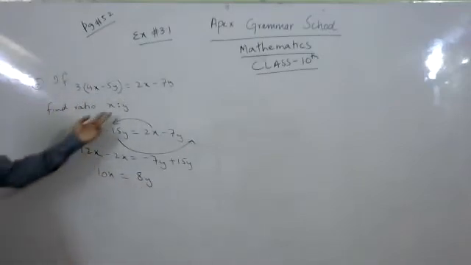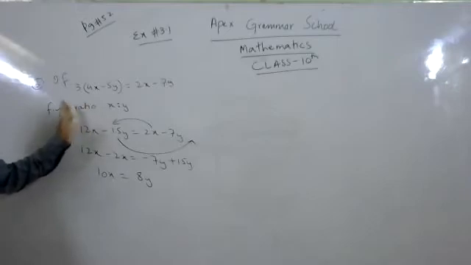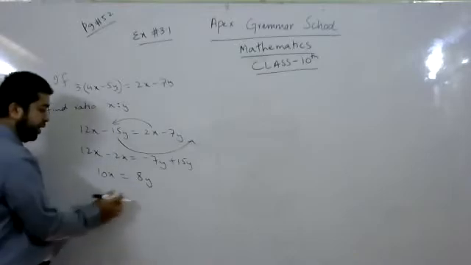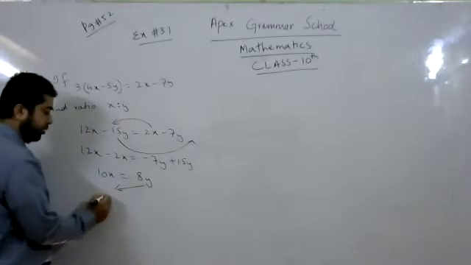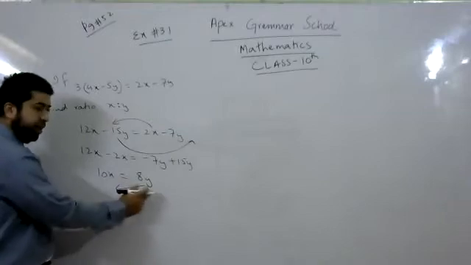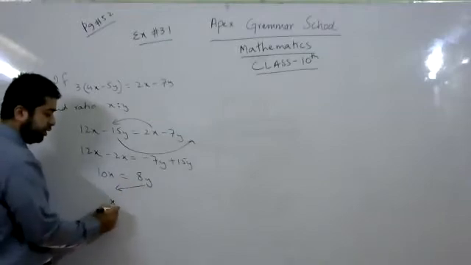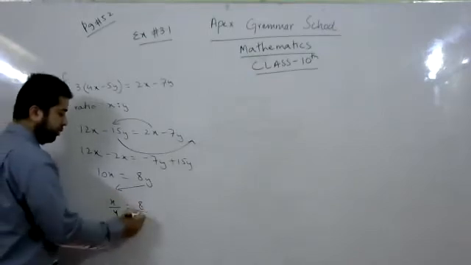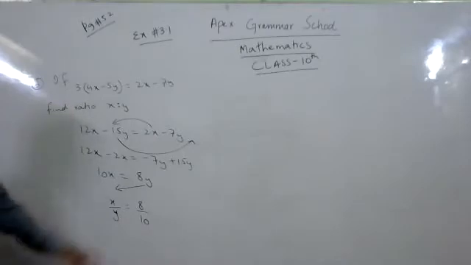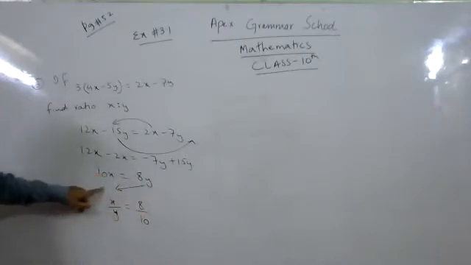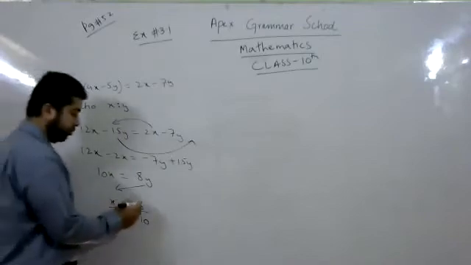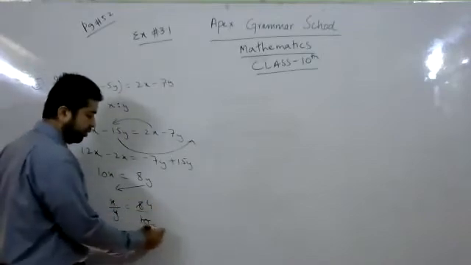Now we need to find the ratio x to y. X ratio y means x divided by y. So we need to make it x divided by y. 10 will be divided here and y will be divided here. X divided by y is equal to 8 divided by 10. 2 4s are 8 and 2 5s are 10.